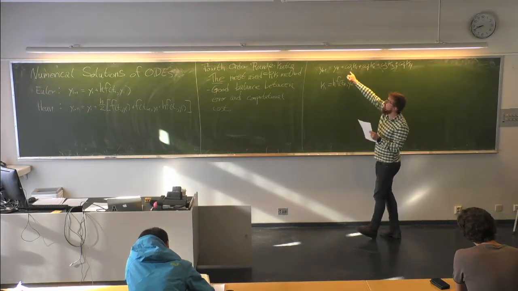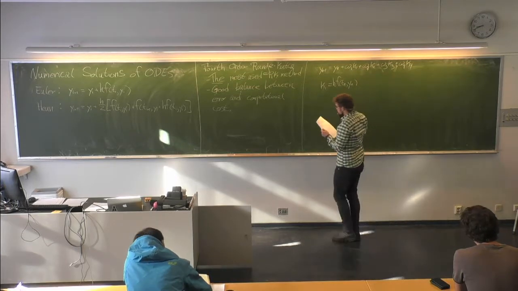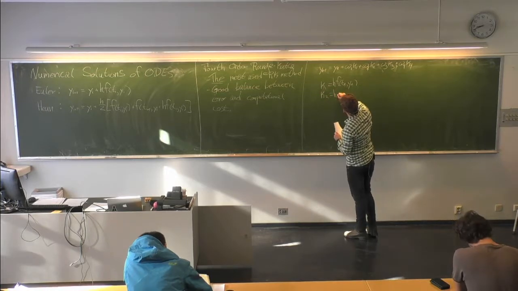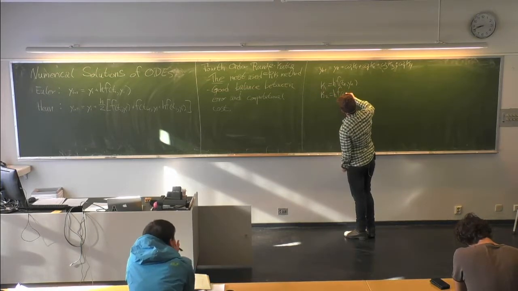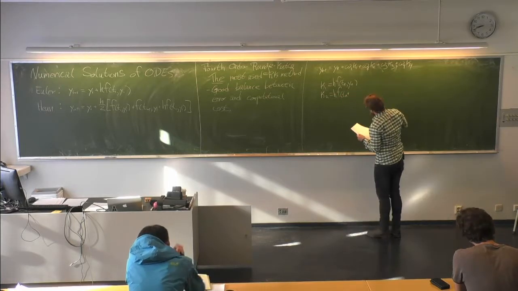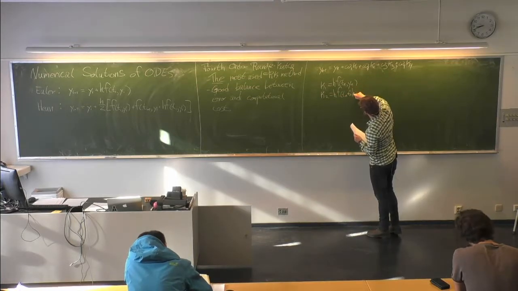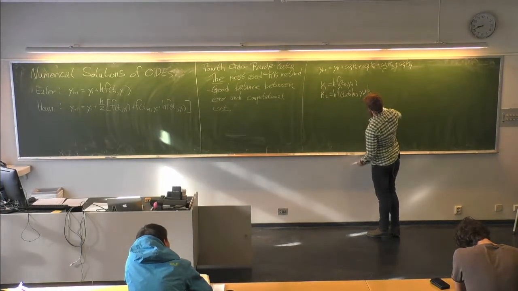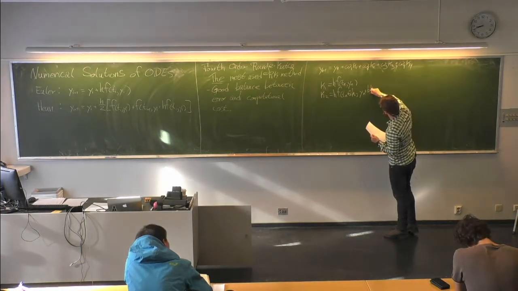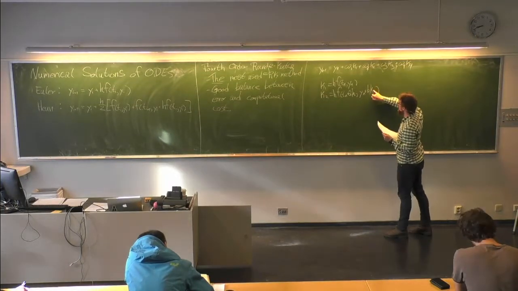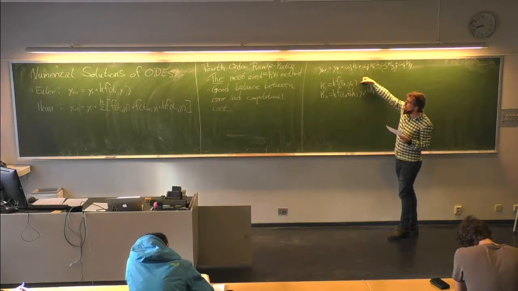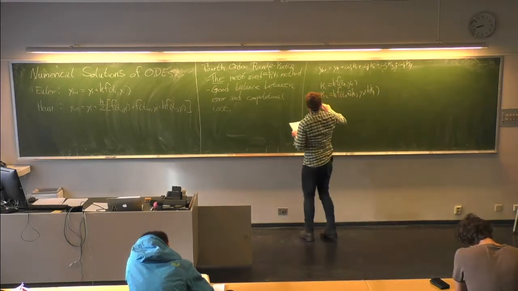First one, and then this omega is how much we want of that. K2 to be f of t_k plus some kind of variable a1 h, and h is the step length, y_k plus b1 K1. K1 is this function, so we can actually use it.